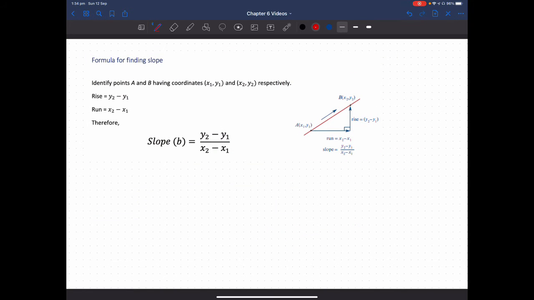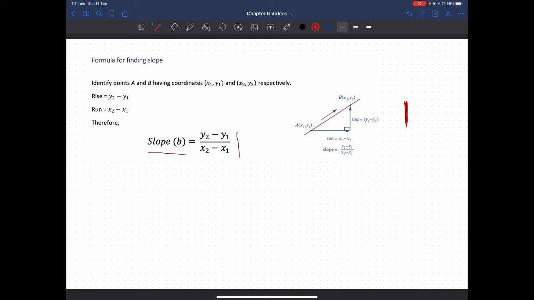We could summarize this as a formula. The gradient, or the slope, b, is y2 minus y1 divided by x2 minus x1. Where has that come from? The rise is the vertical amount.